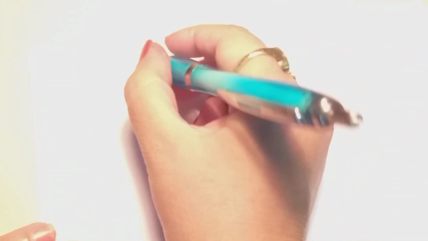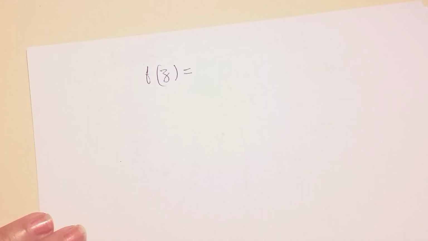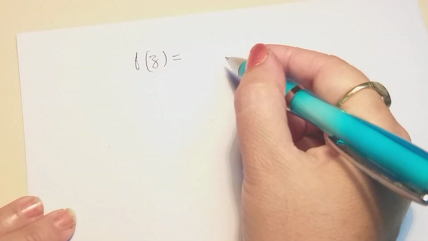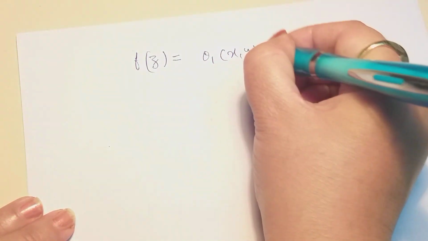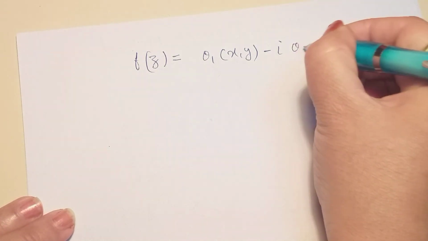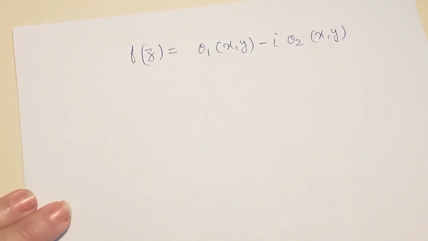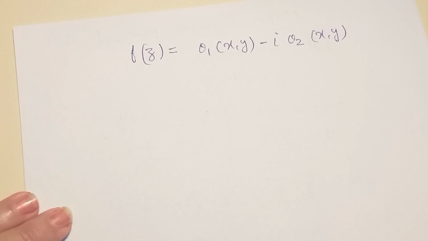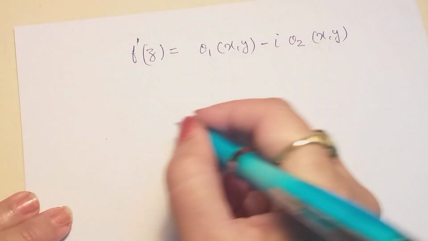Now our f dash z is equal to theta 1(x, y) minus iota theta 2(x, y). We are putting the values of del u by del x and del u by del y. So, f dash z. Okay.